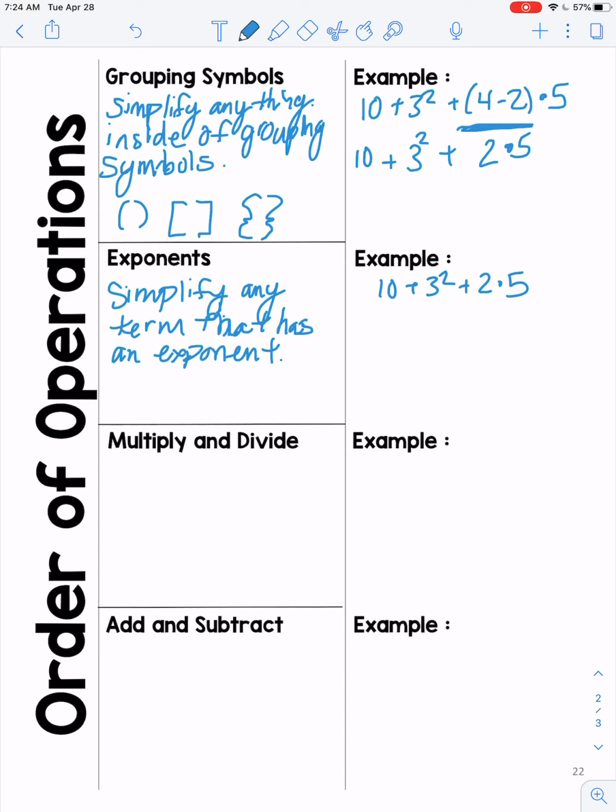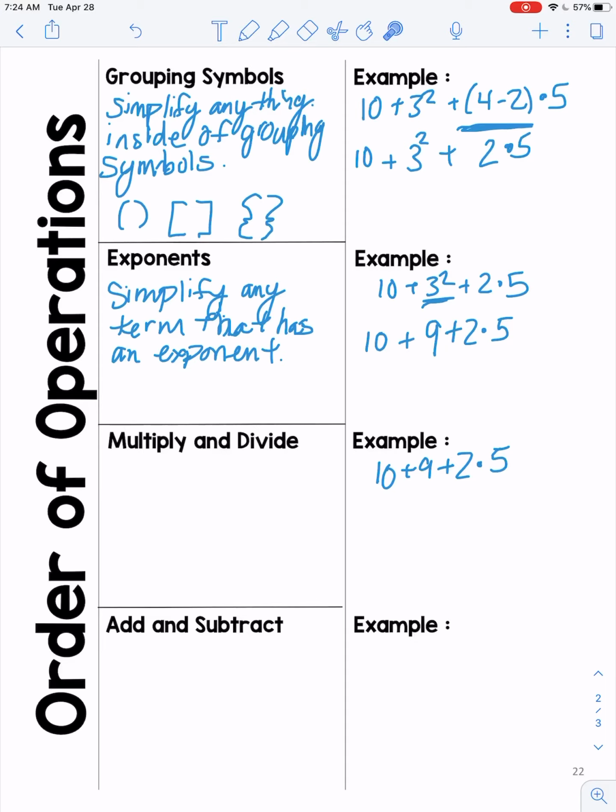In our example here, it would be 3 squared. So that's 3 to the power of 2, or 3 times 3, which is 9. So I'm going to write my answer right below, and I'll drop down the rest of my expression, and since there's no more exponents, down into the next example.